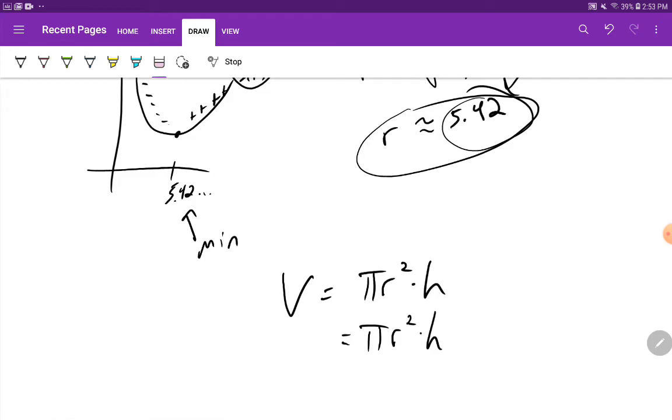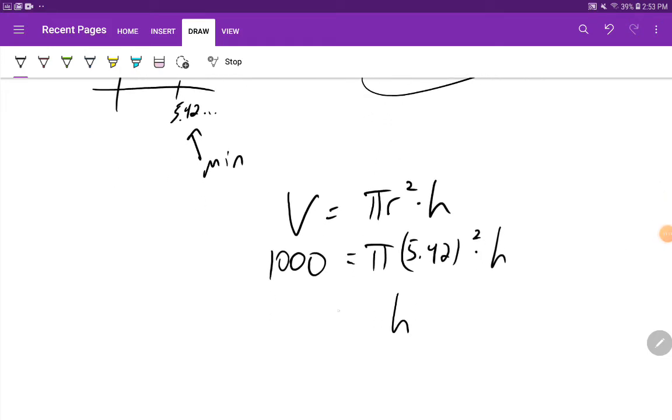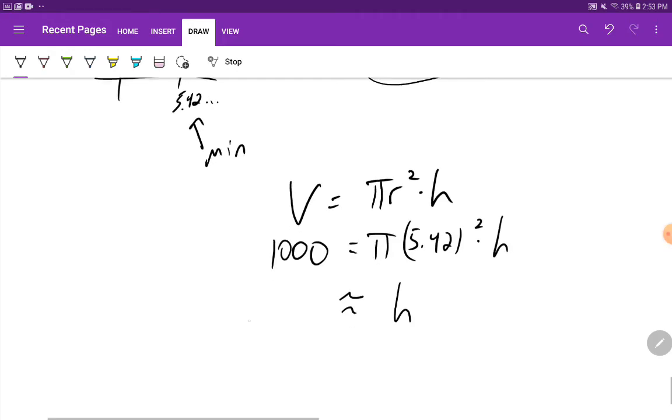So this is going to be like that 5.42 squared thing. If the max is 1,000, you would get, h is approximately, I'm just using the book values, 10.84 centimeters.